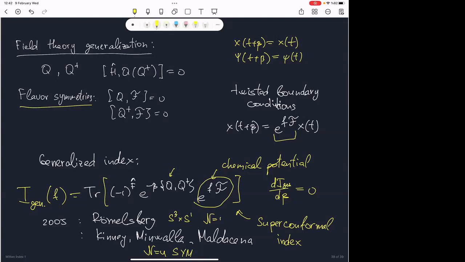It's not that you have just one sector and then there's no point of the supercharge. The supercharge acts on your bosonic sector and gives fermionic, or vice versa. I hope this was the answer you wanted from me.